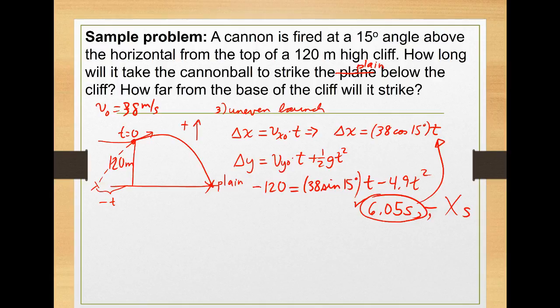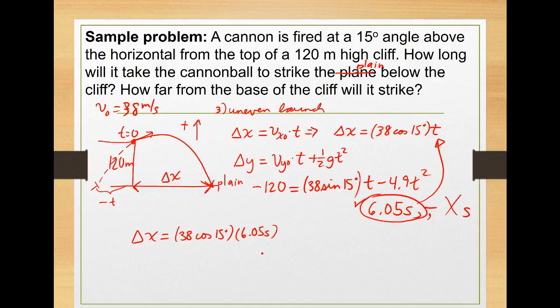Now, finally, what we would do is solve for delta x, which is what we want. How far from the base of the cliff will it strike? And that's going to be 38 cosine of 15 degrees times the time, which is about 6.05 seconds.